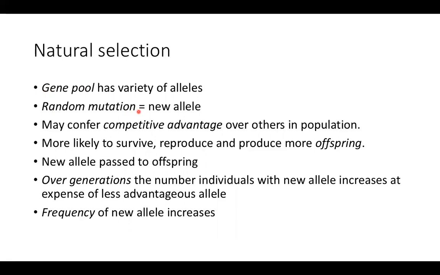Those mutations may be advantageous, they may be disadvantageous, they may be completely neutral. Mutations are happening all the time, and more often than not, we're not aware of the fact that we have a mutation until the environment challenges us, and then that mutation comes to the fore. So a nice example is the very few individuals in the world who are resistant to HIV.